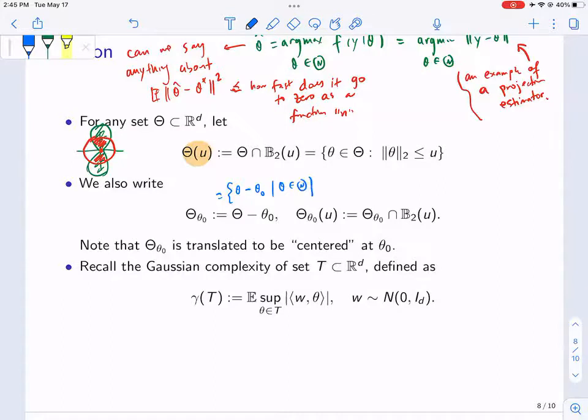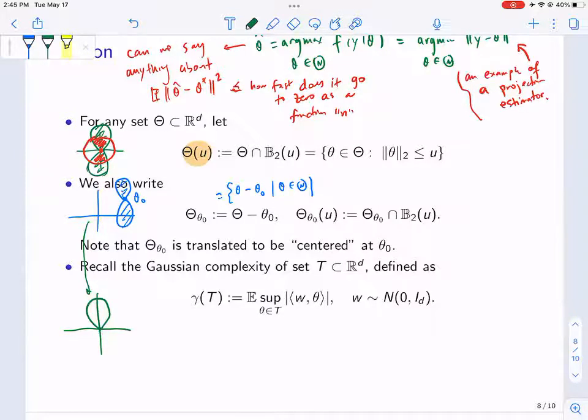So if I have basically something like this, and this is theta naught, that's my set. After translation, theta naught is going to come to 0.